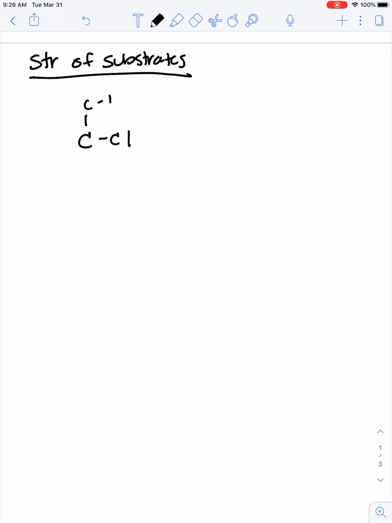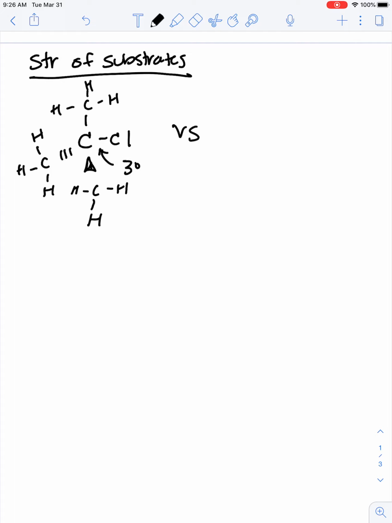So let's look at the structure of the substrates or the electrophiles. So if we have something that is tertiary, for example, right? So this carbon here is going to be a tertiary carbon versus a methyl carbon.